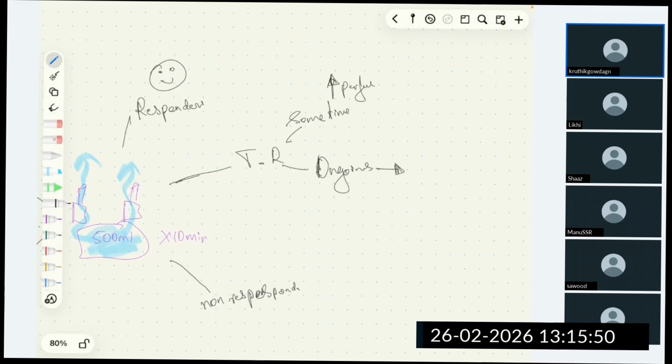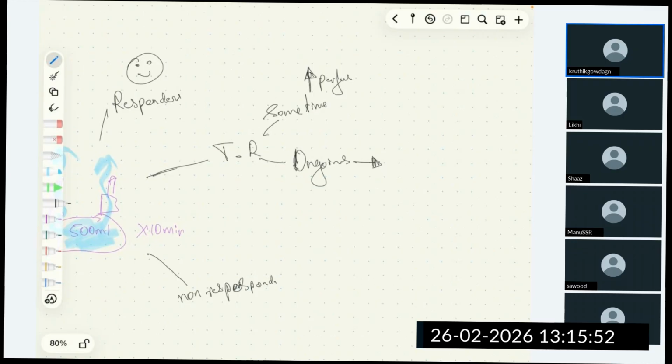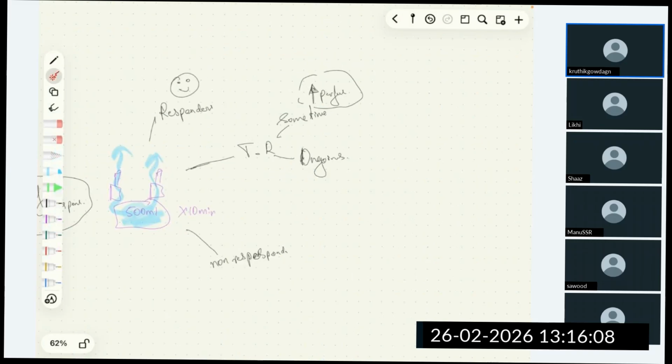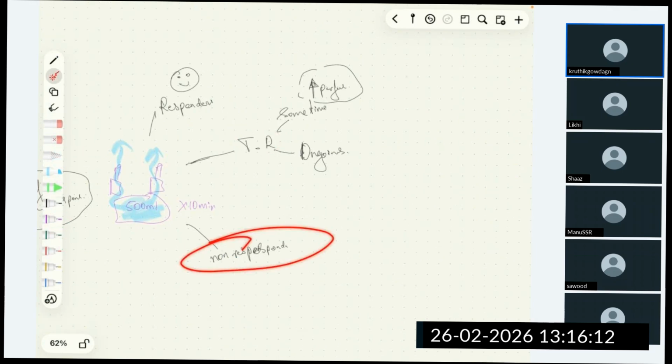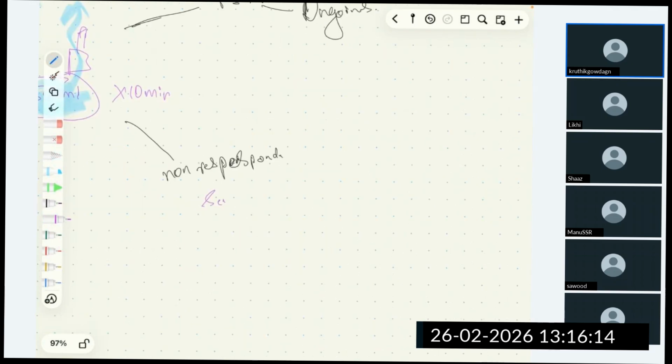That is, their urine output, their BP, and all the other parameters which I mentioned previously will revert back to the original condition after some time. This is due to ongoing loss. We should search for the cause of ongoing loss and correct it in case of transient responders. The non-responders are the ones who have severe hypovolemic shock.